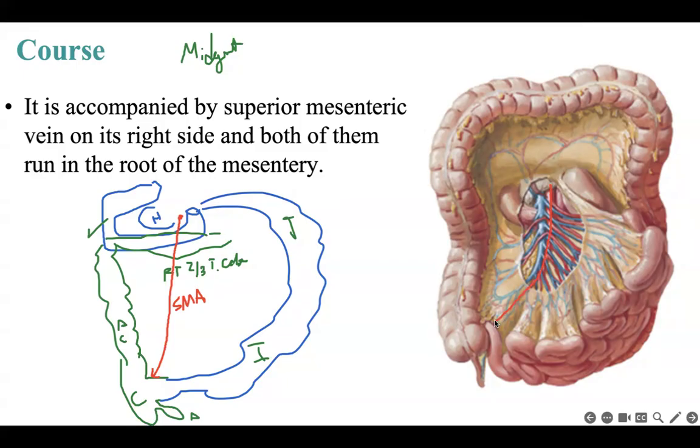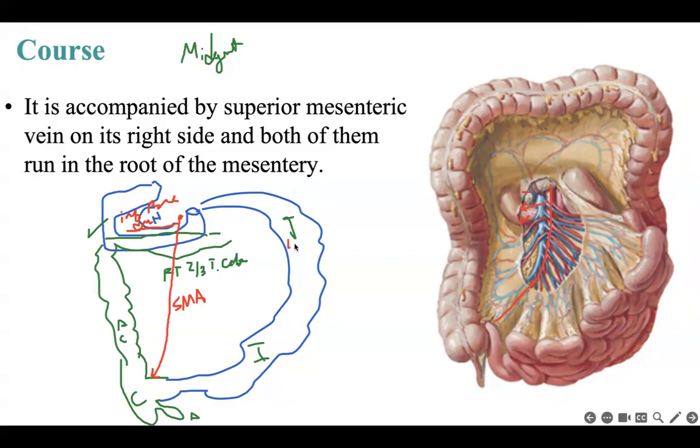Okay, what are the branches of the SMA? What does the SMA supply? Number one, it will supply the remaining part of the duodenum and the head of the pancreas. Between the duodenum and the pancreas it gives the first artery, called the inferior pancreaticoduodenal.